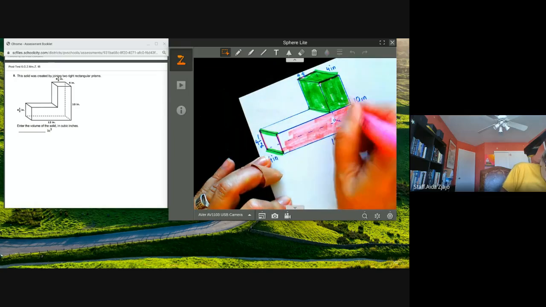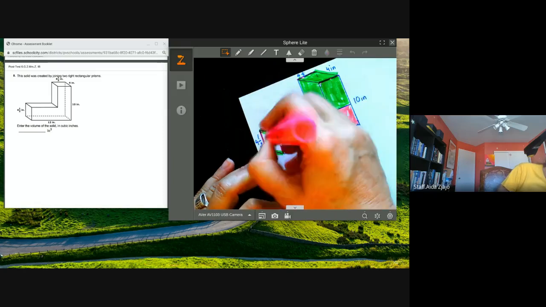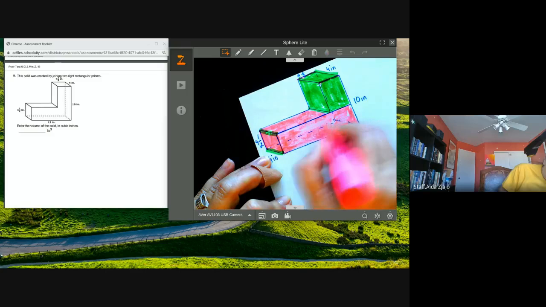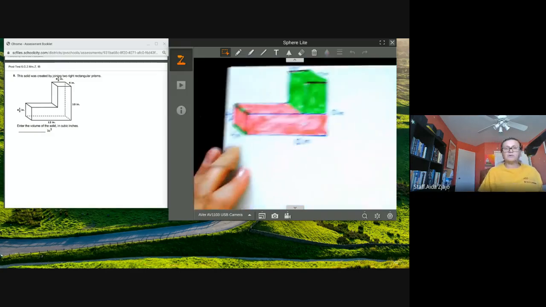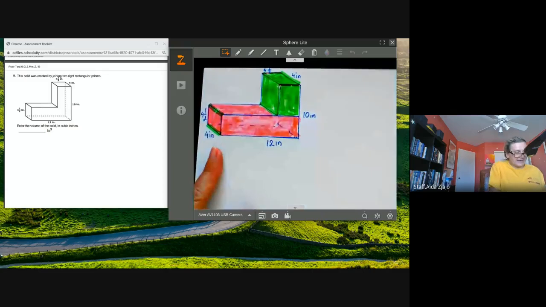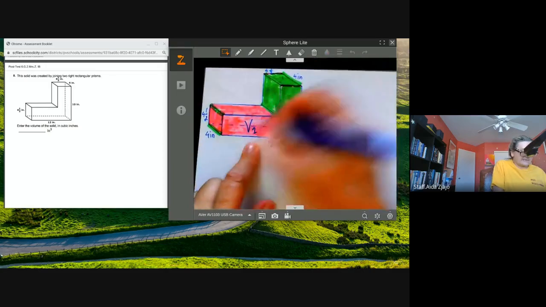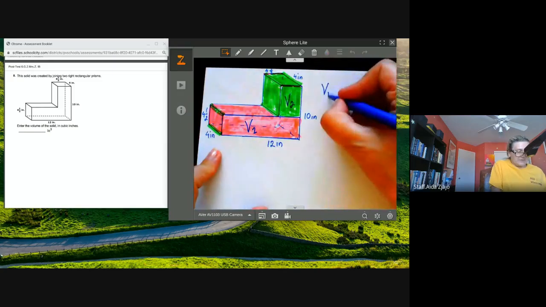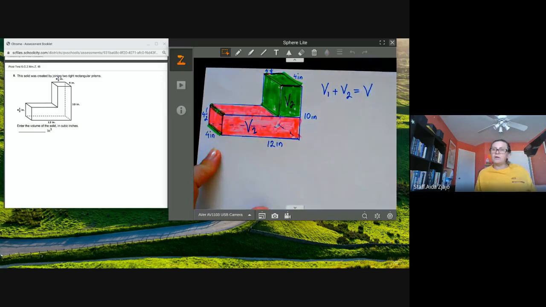And when you know, then we now have 2 prisms. We just needed to find the correct values so we can multiply and find the volume of 1 and add it to the volume of 2. So what this means is that if this is volume 1 and that's volume 2, these two together, volume 1 plus volume 2, will give us the volume of the whole L shape.